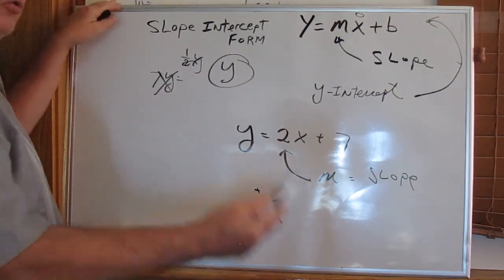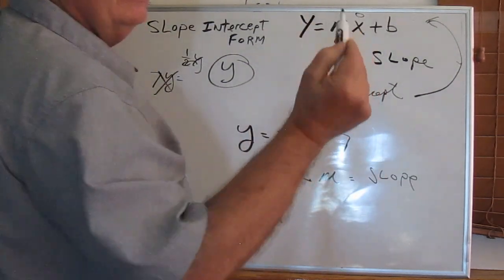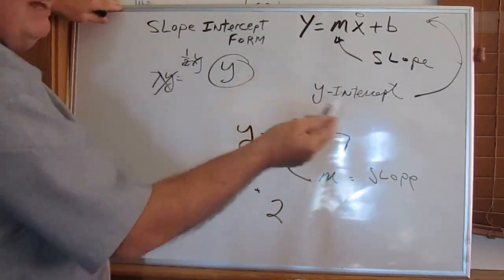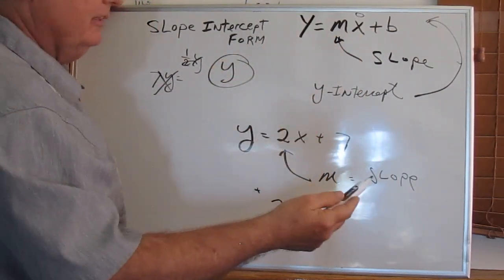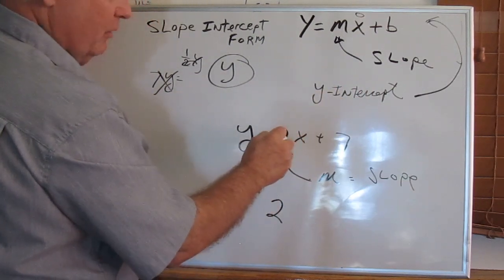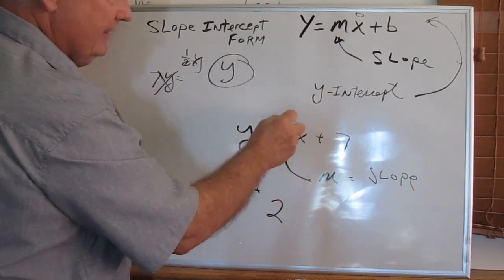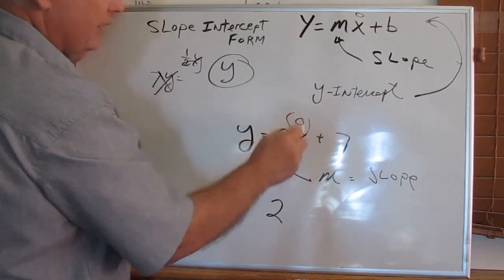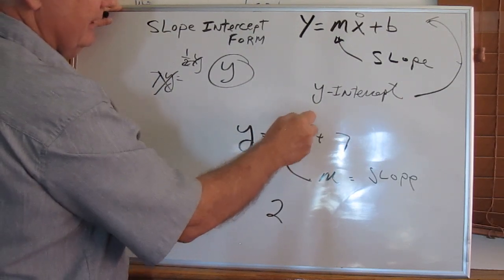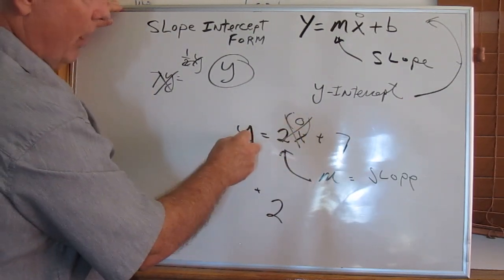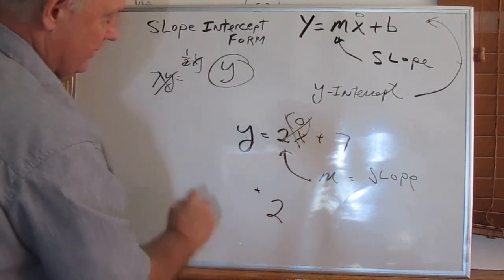Well, where does it cross the y-axis? What is the y-intercept? If we take this equation and we set x to 0, 0 times 2 is 0. It means y equals 7.